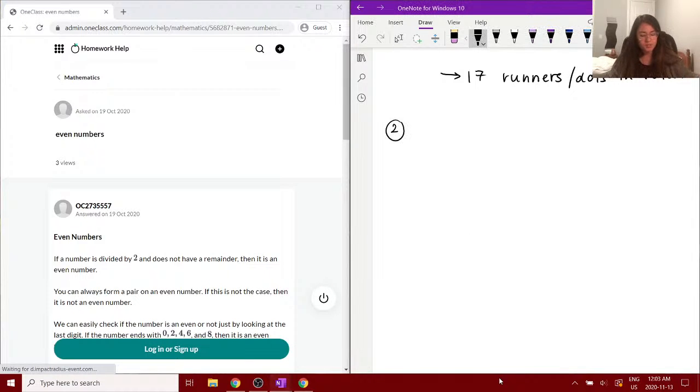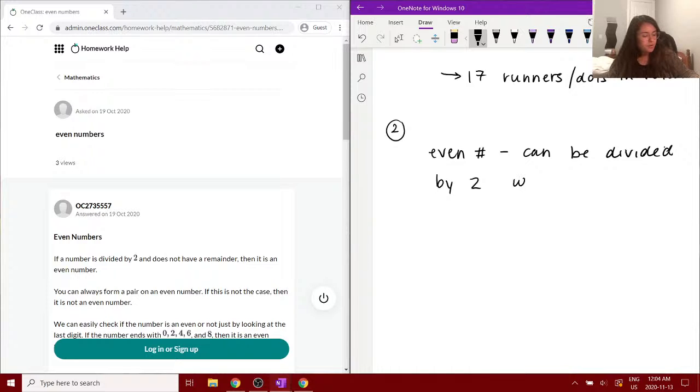Okay, question 2. It doesn't really have a question, but I guess we can explain what even numbers are. An even number can be divided by 2 without leaving a remainder.